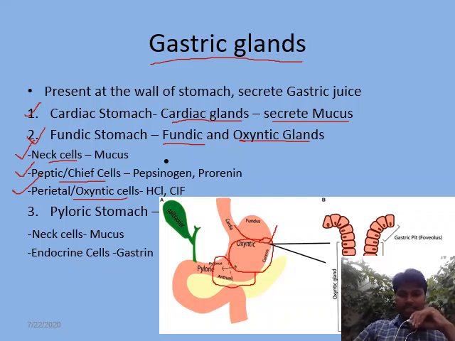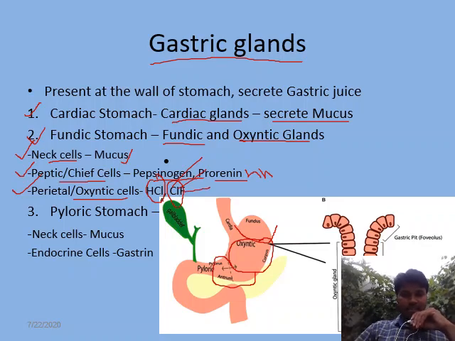Neck cells secrete the mucus, which is the slippery substance. Chief cells or peptic cells secrete pepsinogen and prorenin. It is double N actually, printed wrong. Parietal or oxyntic cells, they secrete HCl and CIF, the Castle intrinsic factor.